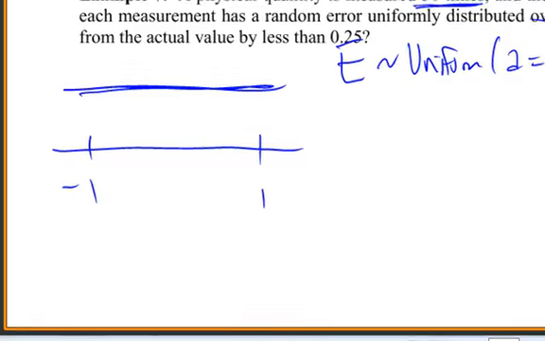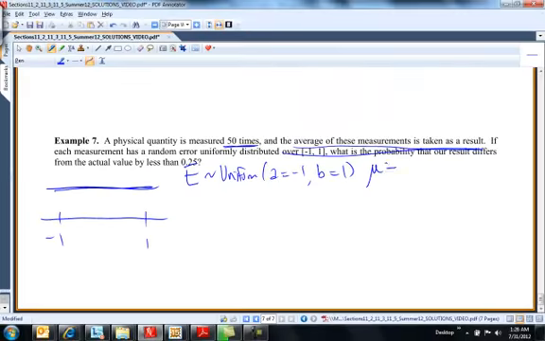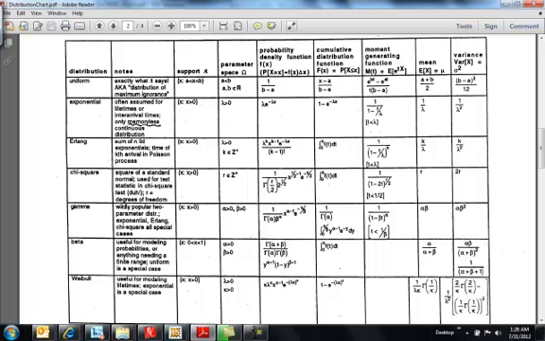We know the mean of the error should be 0, right? Because -1 plus 1 divided by 2 is 0. For the standard deviation of a uniform, I think I still have this up. Here's a uniform, b minus a squared divided by 12.